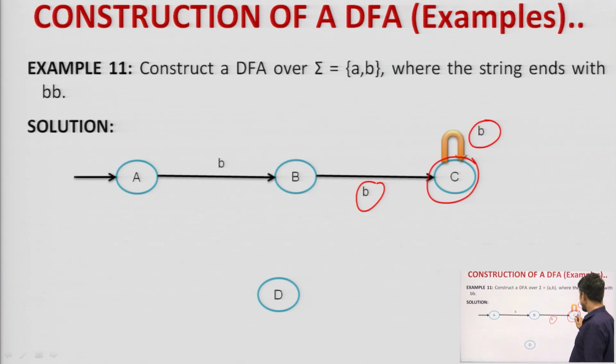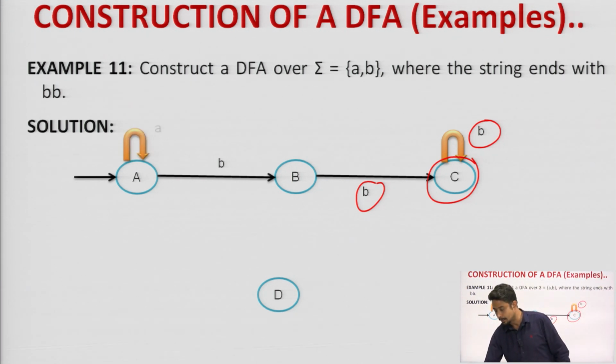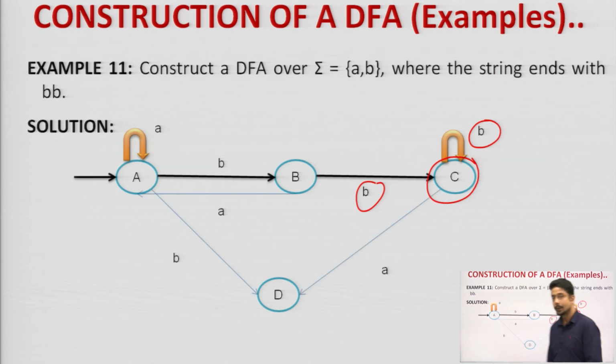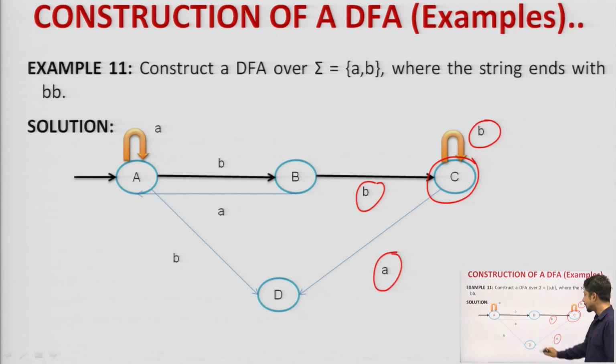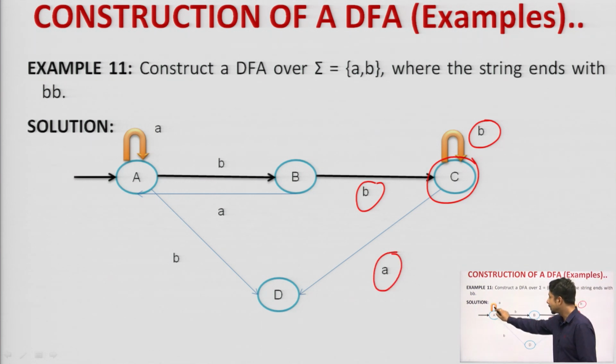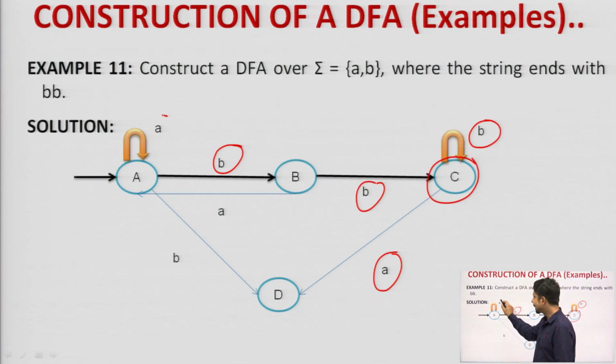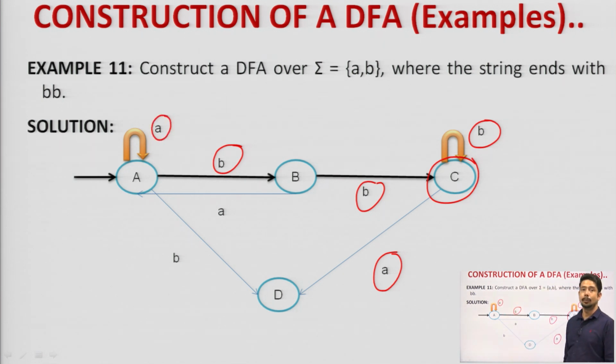But for A self loop, can I take? No, I cannot take, that is why I have to take the help of a dead state. So, for A I have to take a dead state's help, and for state A there is no restriction in the initial part, because ending with BB it is telling the initial part does not have any issue. So, what can I do? I can take a self loop of A, but I cannot take a self loop of B. Why?